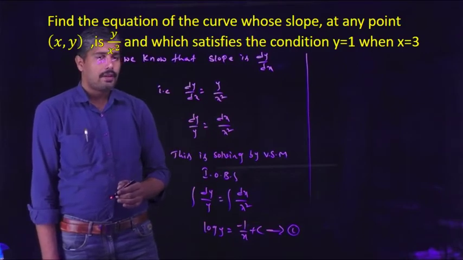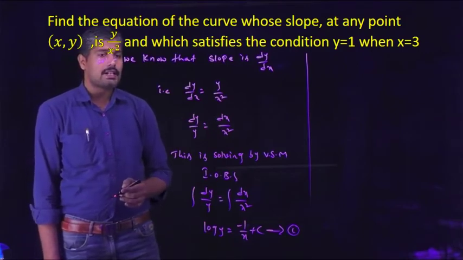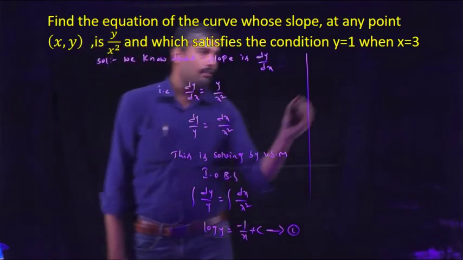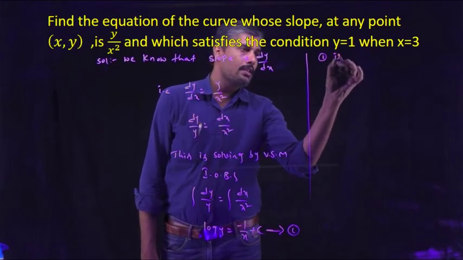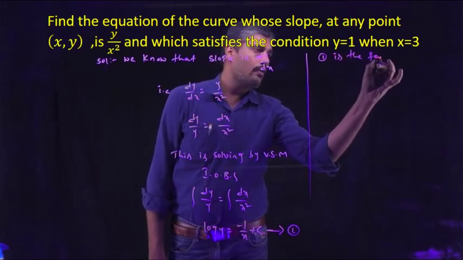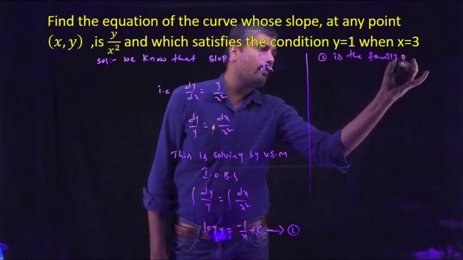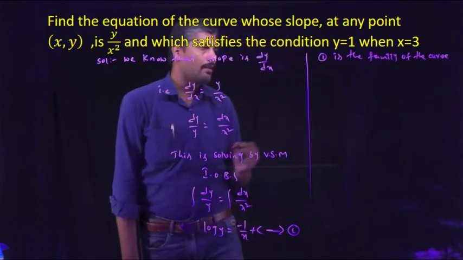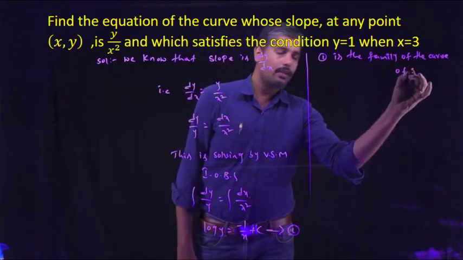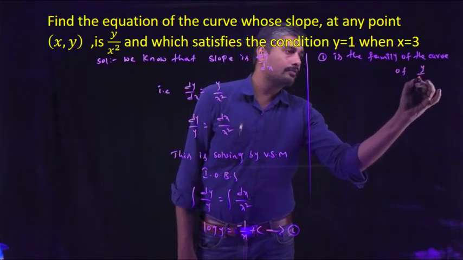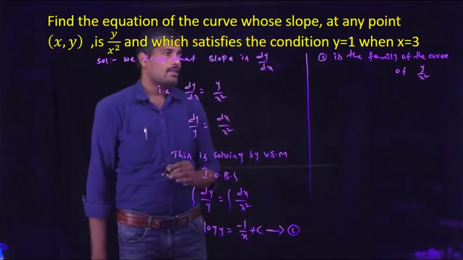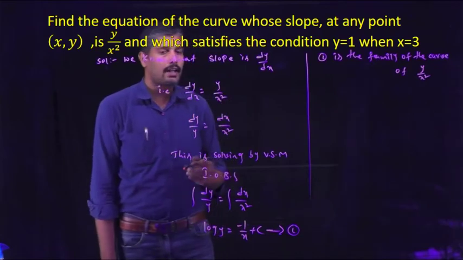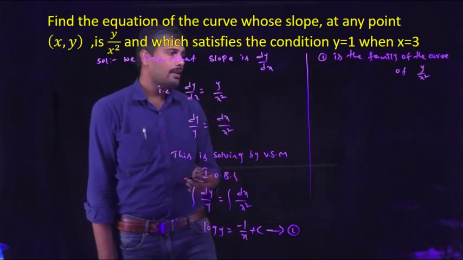But that curve satisfies the condition y equal to 1 when x equal to 3. Right? Equation 1 is the family of the curve at any point x comma y, right?